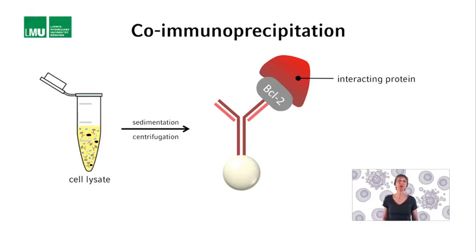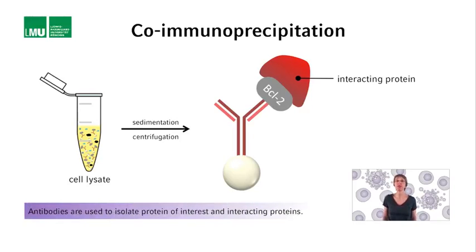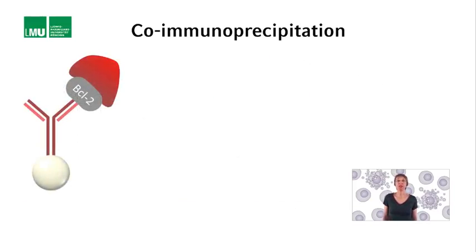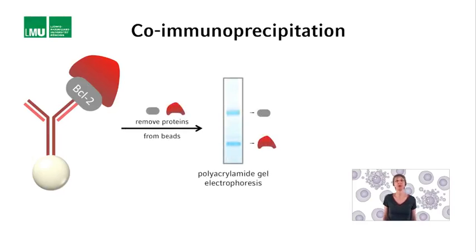This type of experiment is called co-immunoprecipitation because an antibody, a protein complex normally made by immune cells, the B cells, is used to isolate or precipitate the protein of interest and along with it anything that binds. The BCL2 protein and any interacting protein can then be removed from the beads and separated by size using polyacrylamide gel electrophoresis.